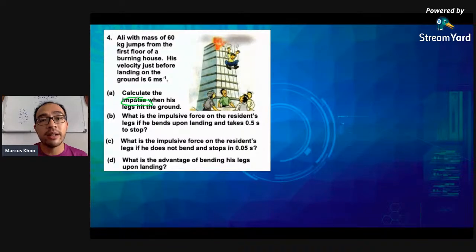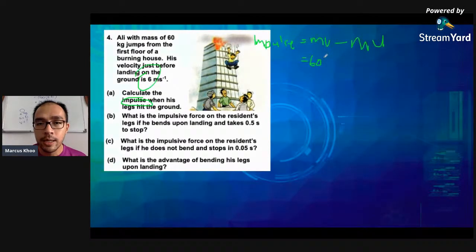Now, first ask yourself, did they give you the force? No. Did they give you anything else? No. They just give you the mass and the final velocity just before landing on the ground. So obviously, we have to use the other side of the impulse formula. Impulse equals mv minus mu. So his mass is 60 kilograms.